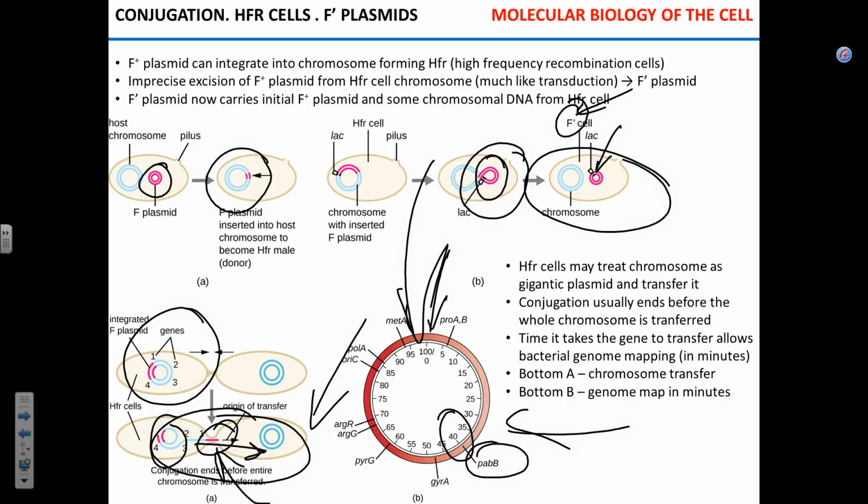If you would compare this gene and this one will be closer to the origin of the transfer than this one. So you can compare their position in the genome, where they are. Does that make sense? Because when you manipulate the genome, it's easier when you know where the genes are. That makes sense?